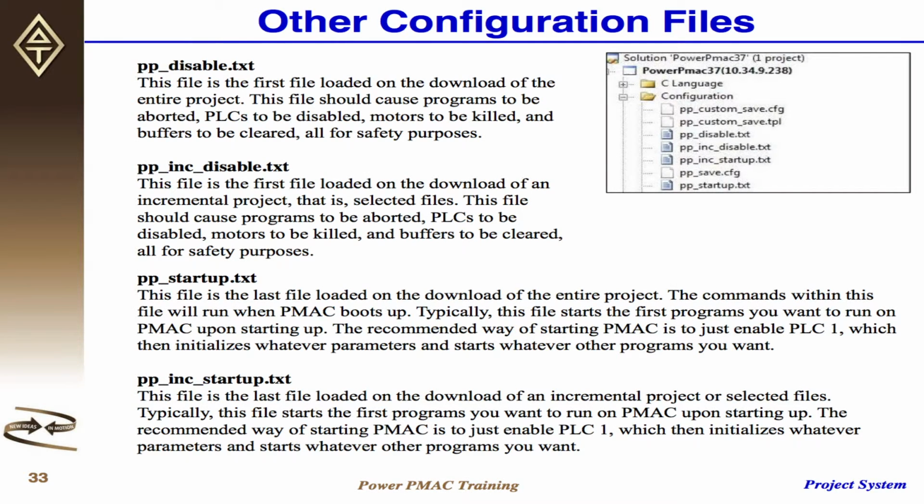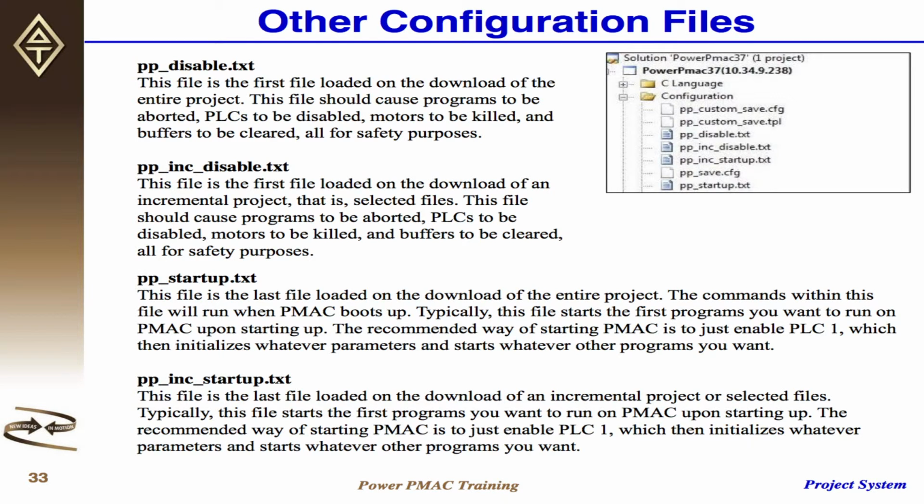Two other files, ppstartup.txt and pp_inc_startup.txt. Basically, after the complete build and download or after the incremental download, these are commands that are parsed and executed at the end of the download. So ppstartup is usually the one that will start your PLCs running after a complete download. ppstartup is also run every time the Power PMAC does a reset or a power up.